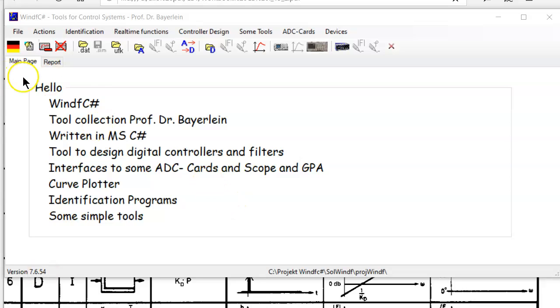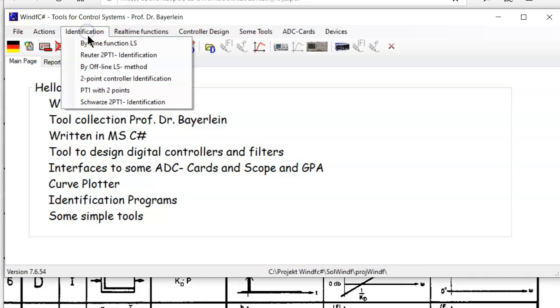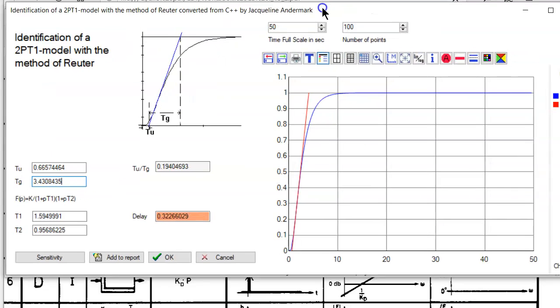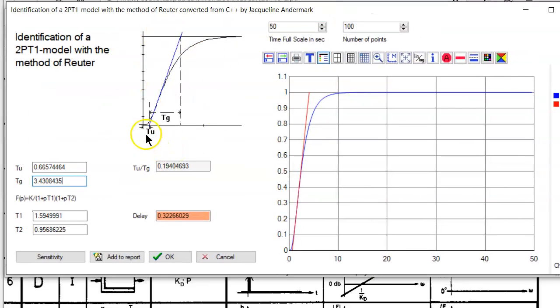For this purpose, start WinDF C#, go to identification, and in the identification you can find in the second menu point the Reuter 2PT1 identification. This module gives you some information. Here's a picture to tell you what TU and TG are. Put the numbers into this field, and then the program automatically calculates T1 and T2, that are my TA and my TB in the lecture, and sometimes a delay time is necessary.